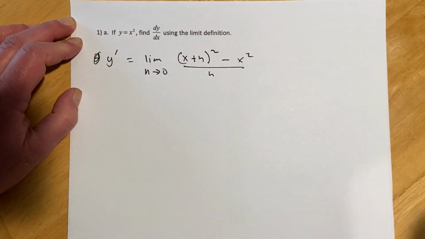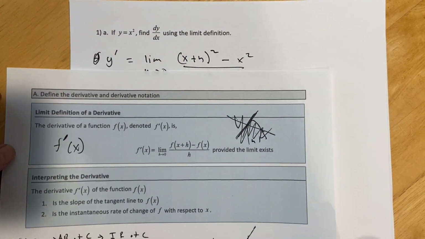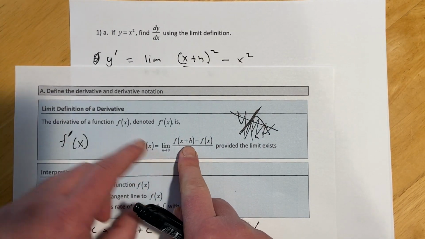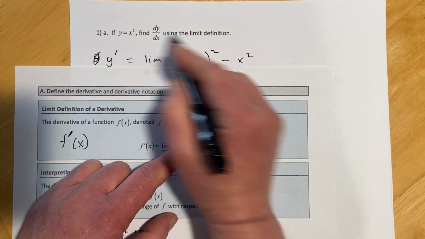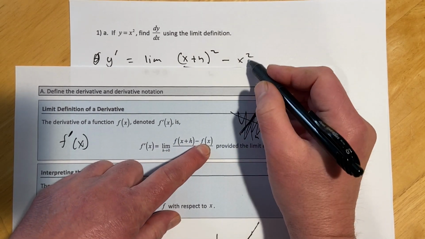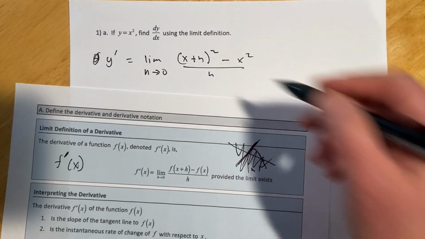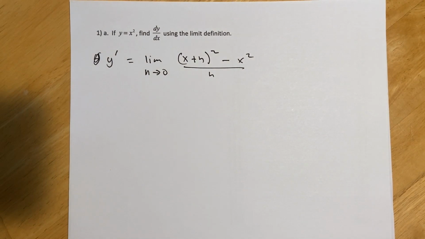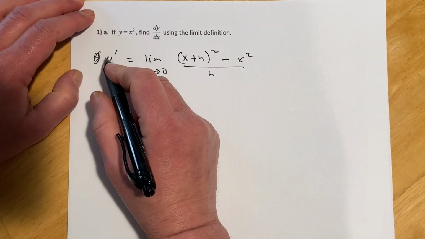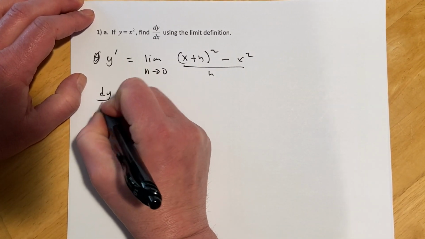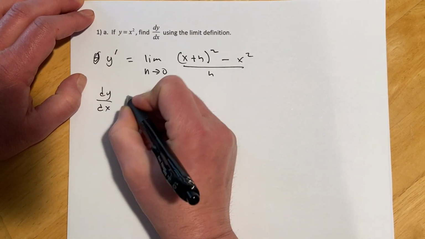So remember, we're doing f of x plus h, so x plus h is going in for x squared, minus the function x squared, and over h. And I could have also written this dy dx, same thing from here.